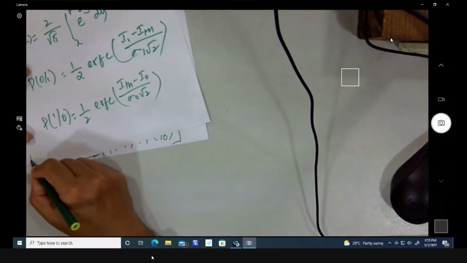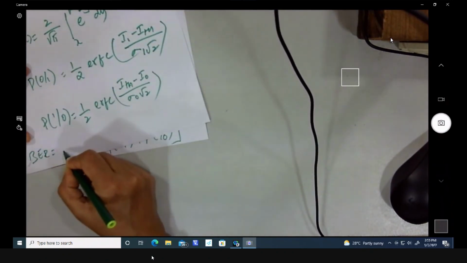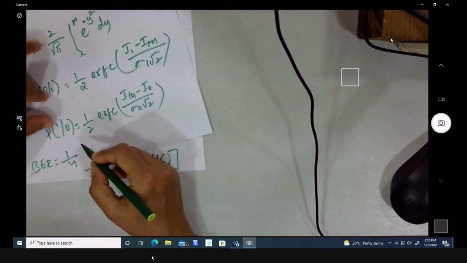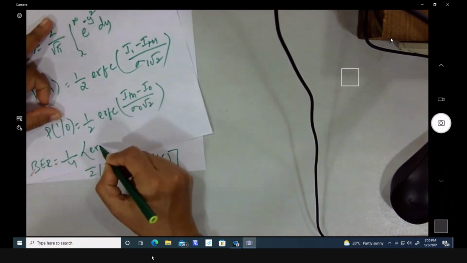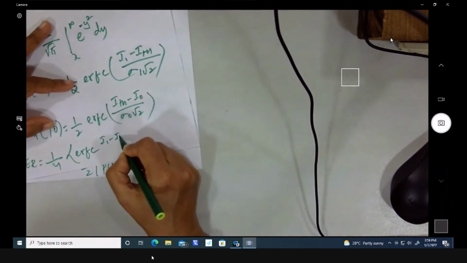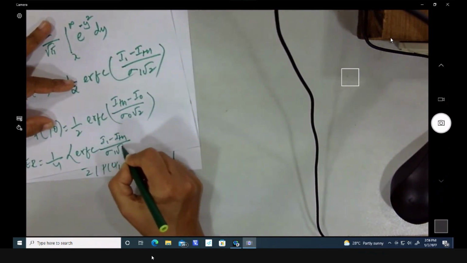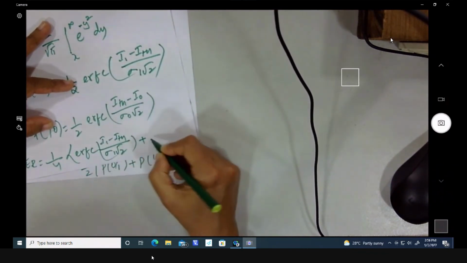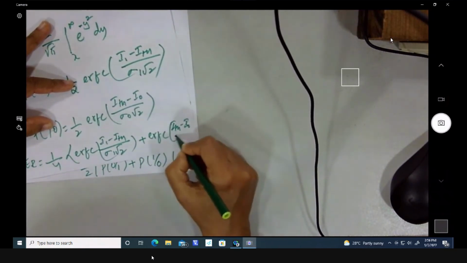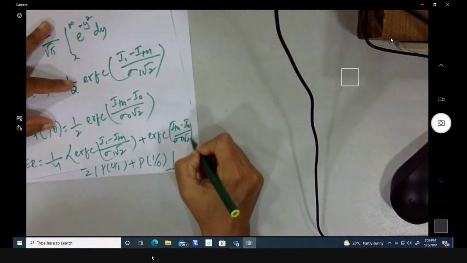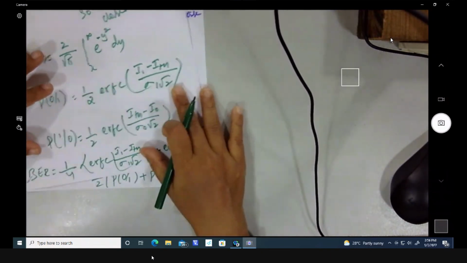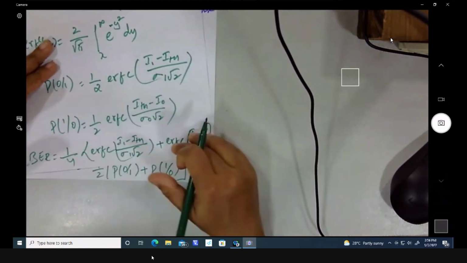Then the bit error rate will be equal to, taking the 1 by 2 outside, 1 by 4 times complementary error function of I1 minus ITH by sigma 1 root 2 plus error function of ITH minus I naught by sigma naught root 2. Just substitute these values in this BER expression.